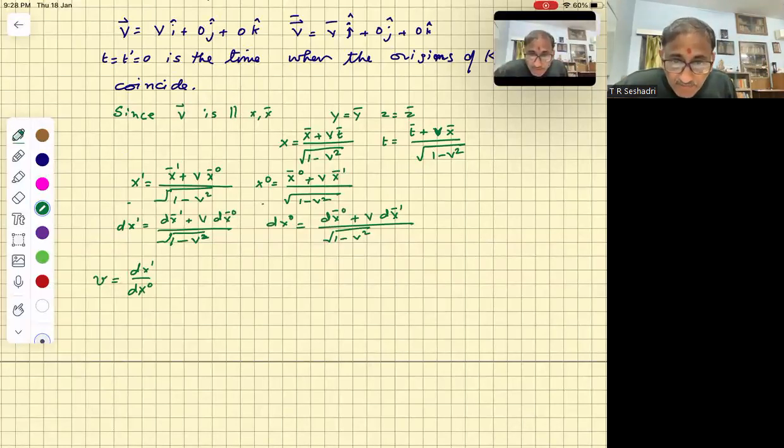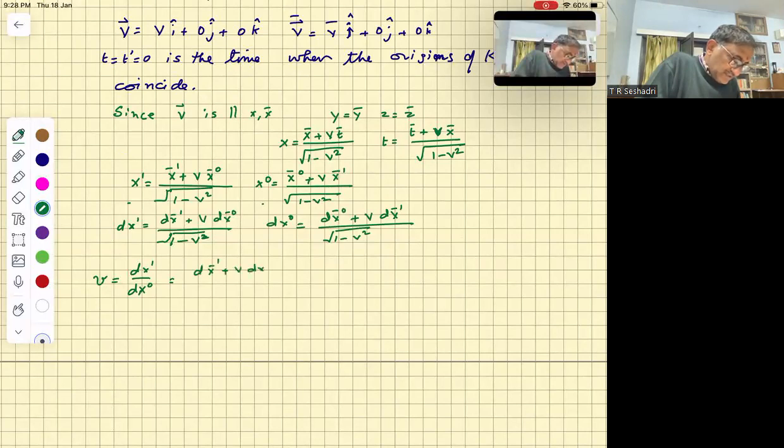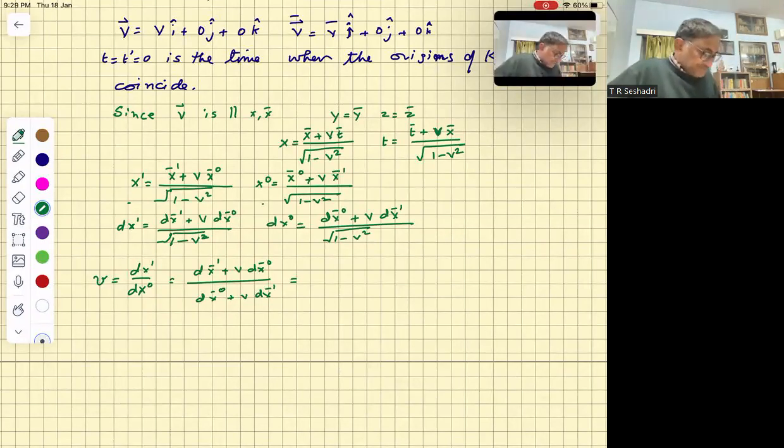We have, this is equal to dx bar 1 plus v dx bar 0 divided by dx bar 0 plus v dx bar 1. What I will do is take out dx bar 0.